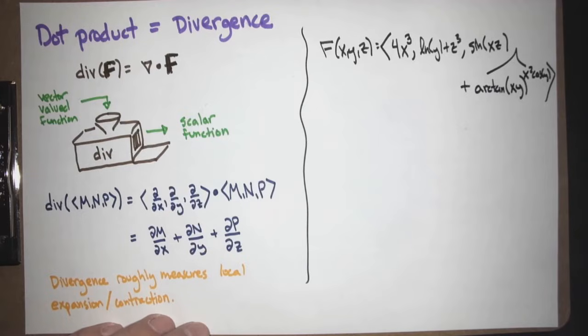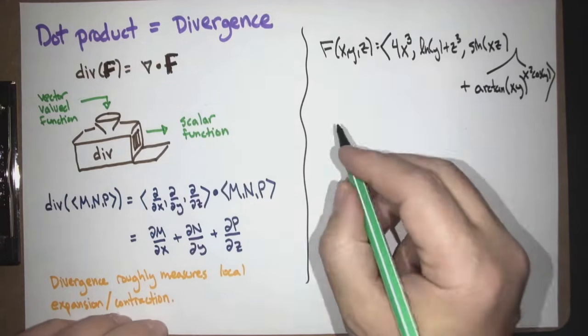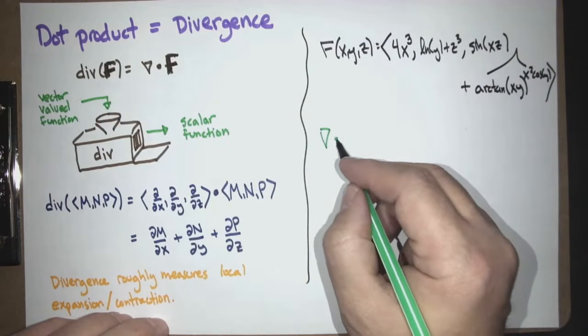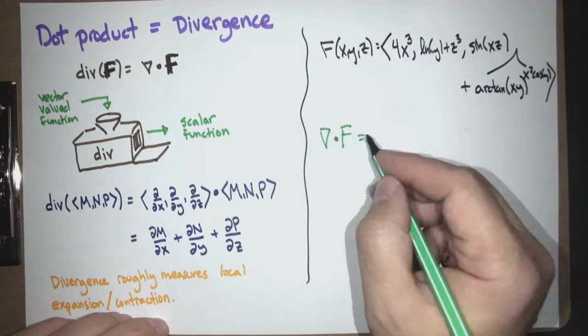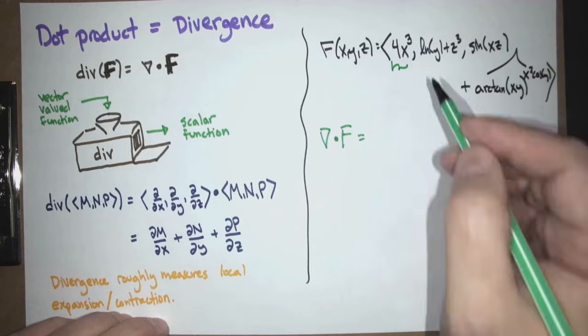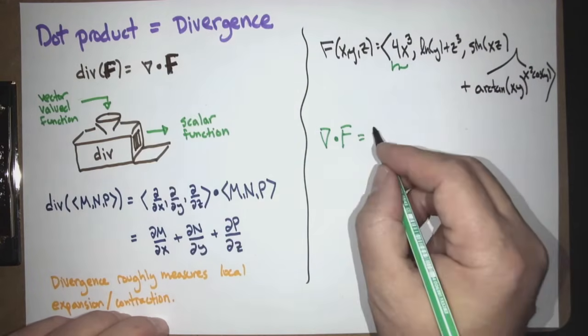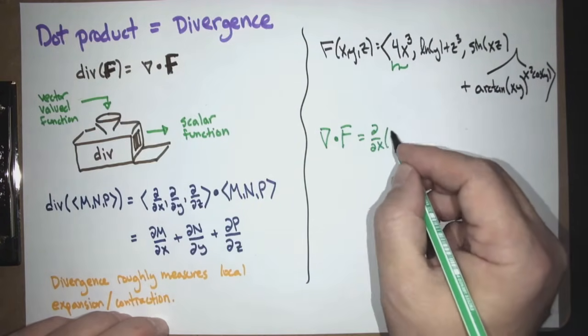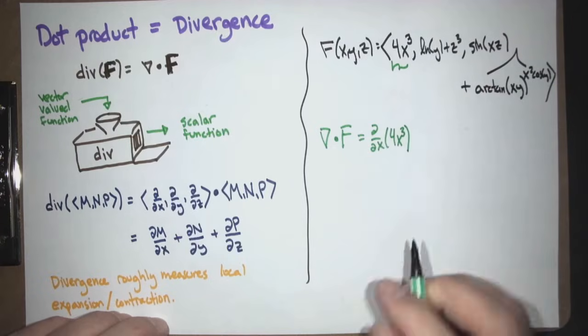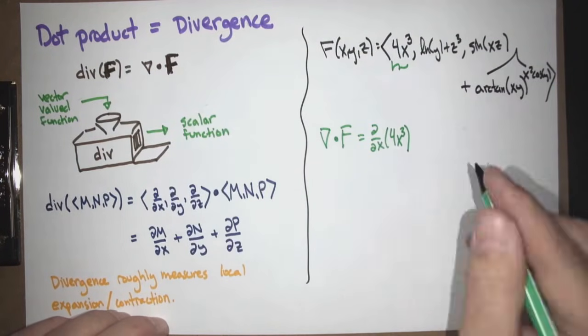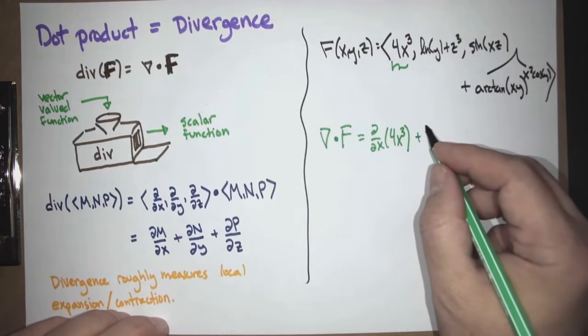Hold on. I know you're skeptical, but I want to point out why we love divergence. So let's take del dot f. What do you do with the first entry? Take the derivative with respect to x. Oftentimes we don't write this, but I'm going to go ahead and do it right out now. What do we do with the second entry?